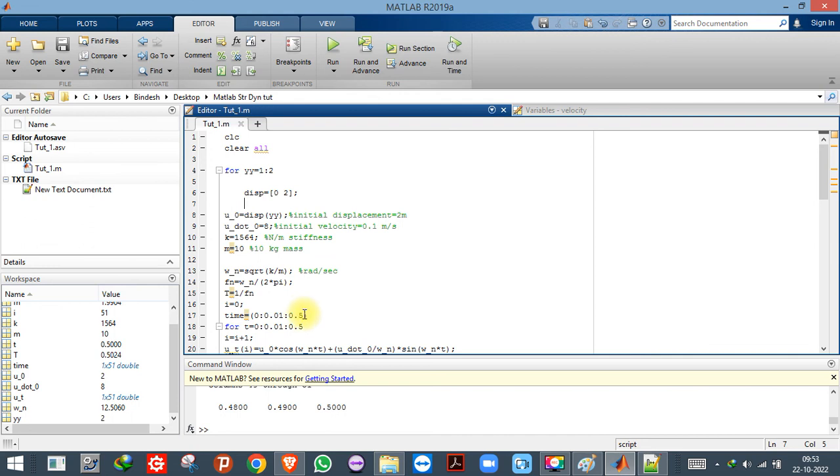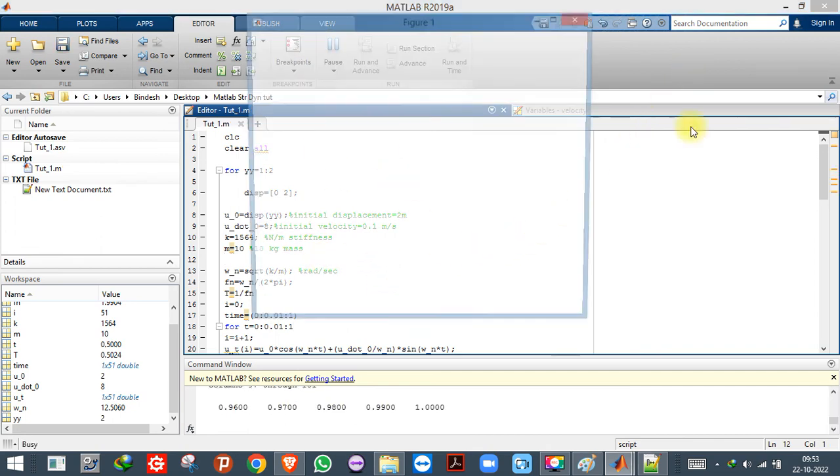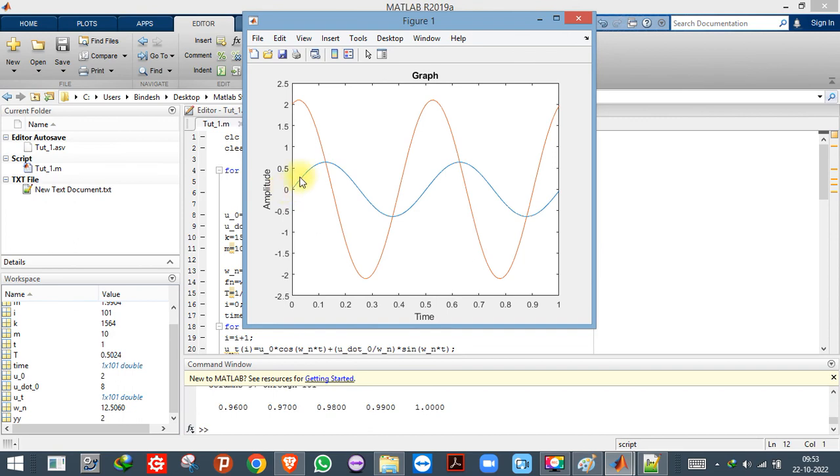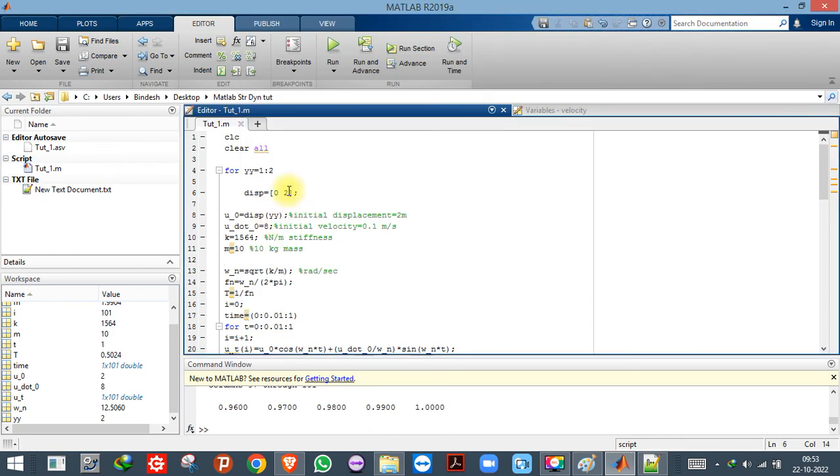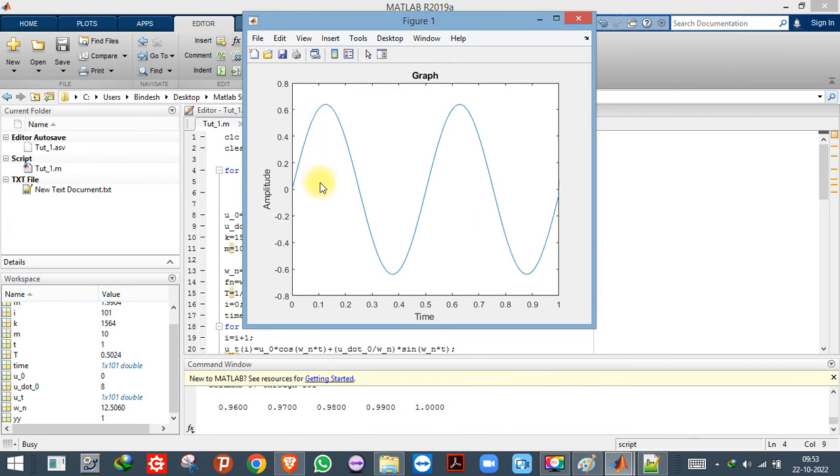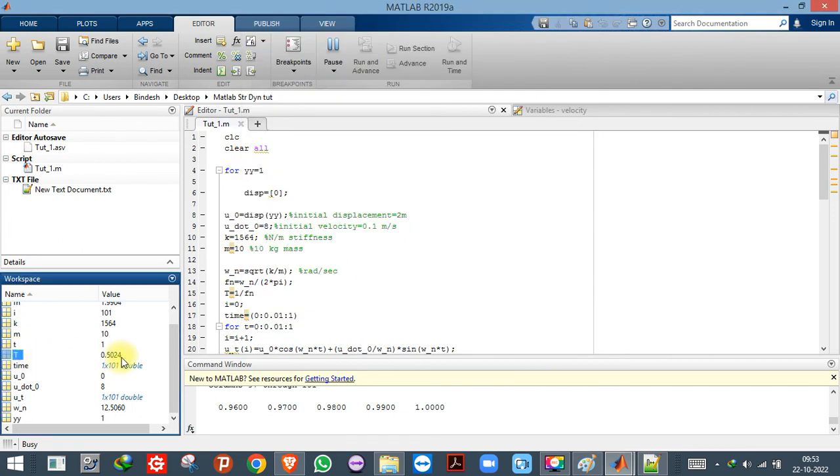And if I run it for 1 second, you'll see two cycles clearly visible. See, 2 cycles. If I keep 0 only and run for 1 second, what is the time period? 0.5.